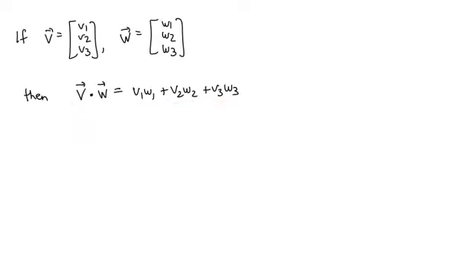The most important fact about this dot product was what we had just shown in the previous example, that v dot w, this formula up here, is always equal to the length of v times the length of w times the cosine of the angle between the two vectors.